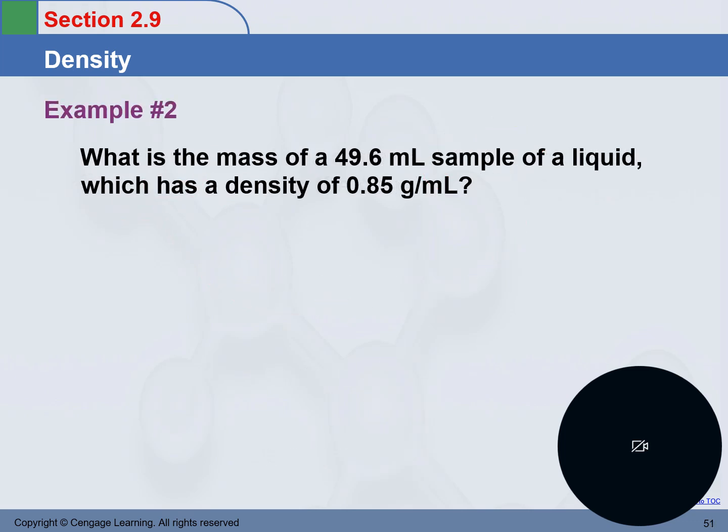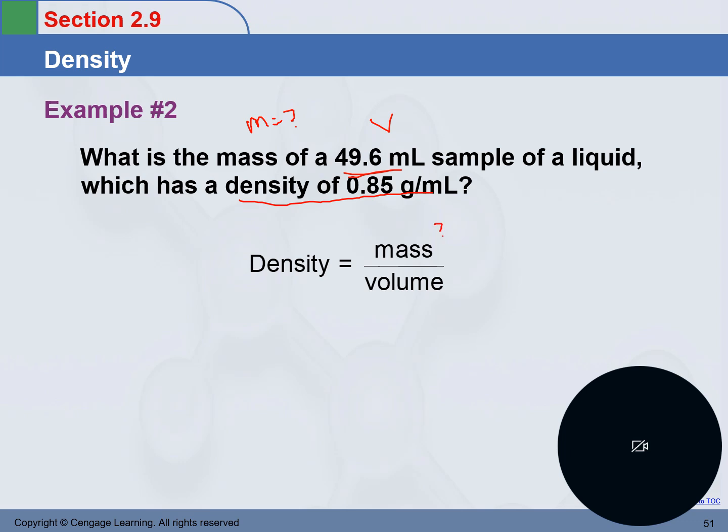Here's another example of a density problem. In this case, we're looking for what is the mass. Whoops. So our mass is unknown. This right here is our volume, 49.6 milliliters, and it tells us that the density is 0.85. So we can use the circle chart, we can use algebra.